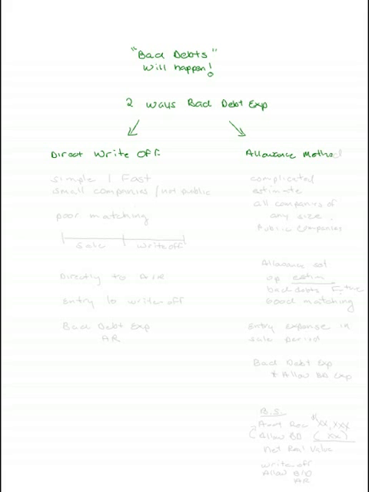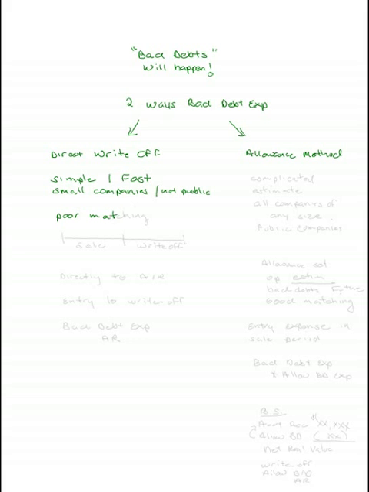The direct write-off method is simple and it's fast, but it's only allowed for small companies that are private, not public. The reason for this is poor matching.